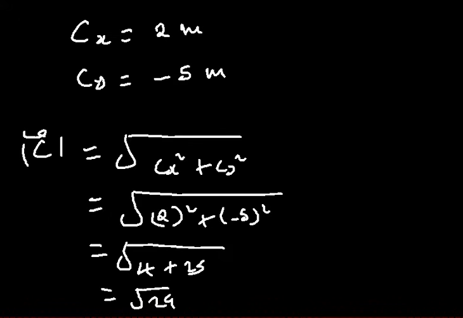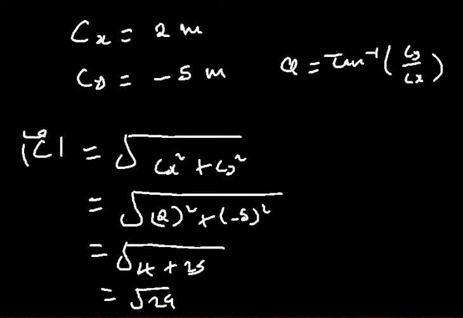And from there we should have the angle theta, which is the tan inverse of cy over cx. So what is that one? Now we should have the tan inverse of, what is cy?